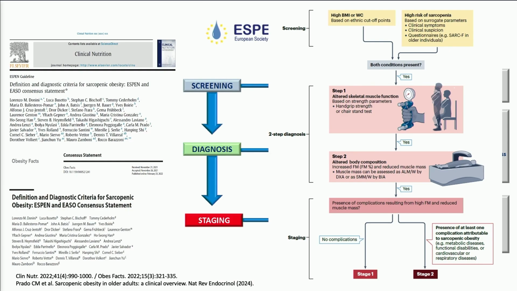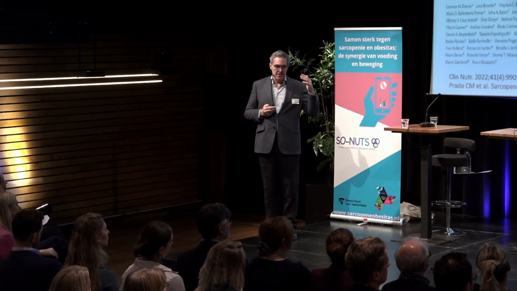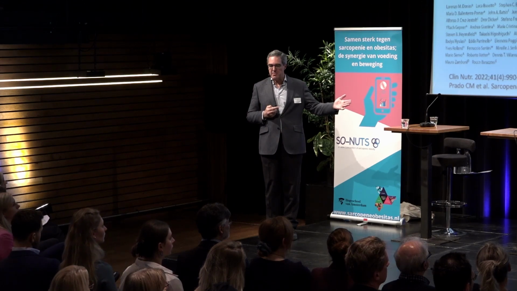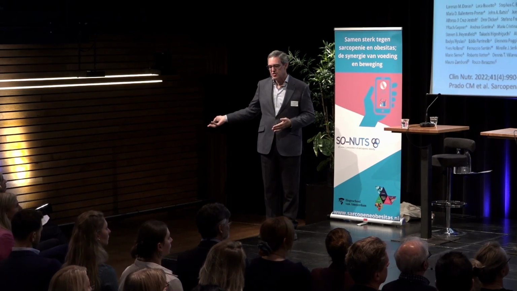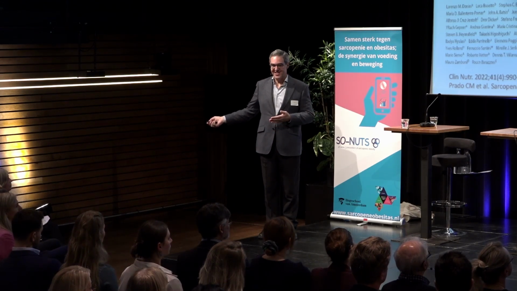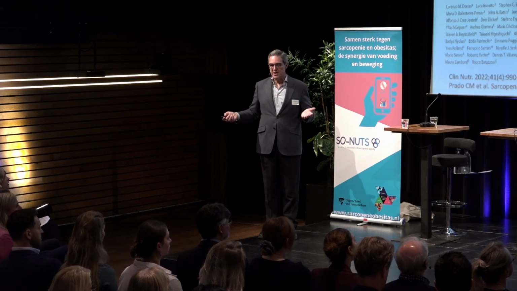And the second, a better definition of obesity than using only body mass index. And then you define severity, and severity is that one that has complications. And complications are either obesity complications, which are metabolic, or sarcopenia complications, which are functional. This would be a severe sarcopenic obesity.